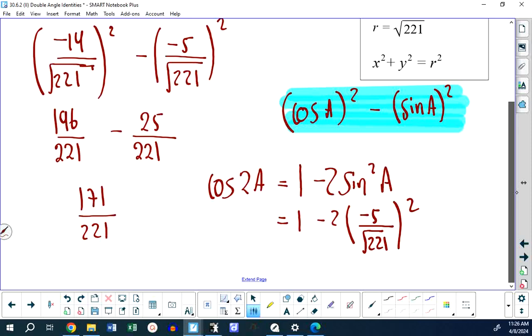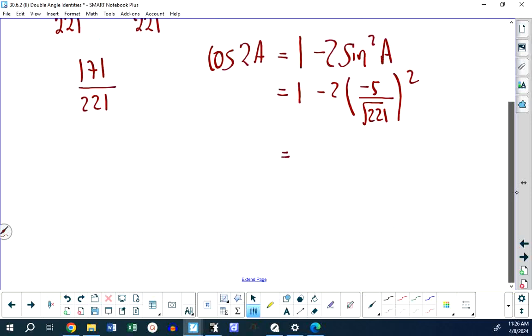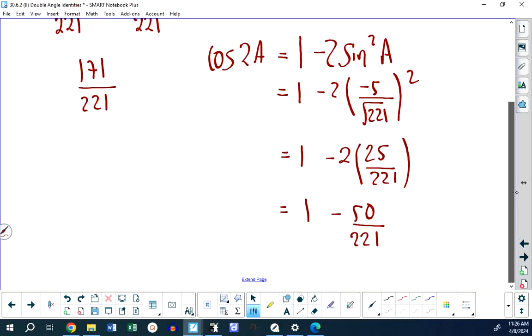When I square the sine, I get 25 over 221. So this becomes 1 minus 50 over 221. 2 times 25 is 50.